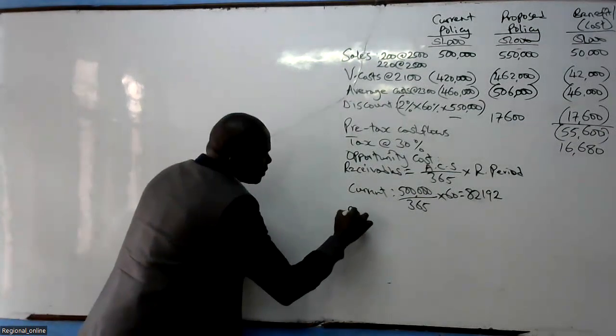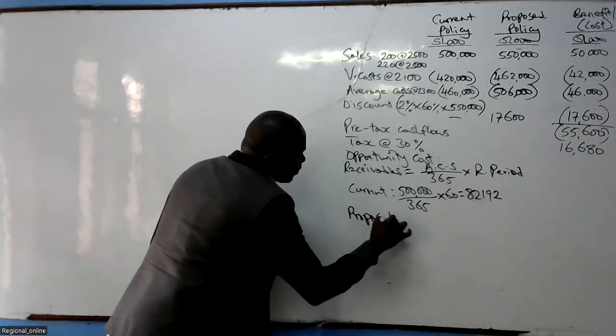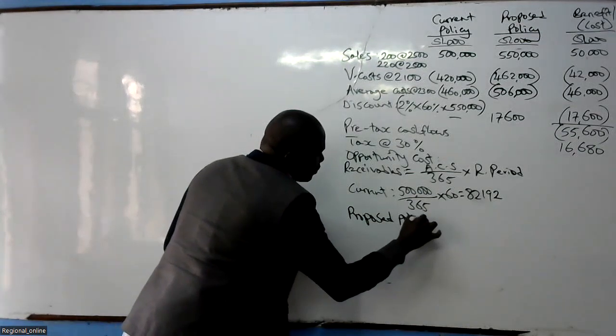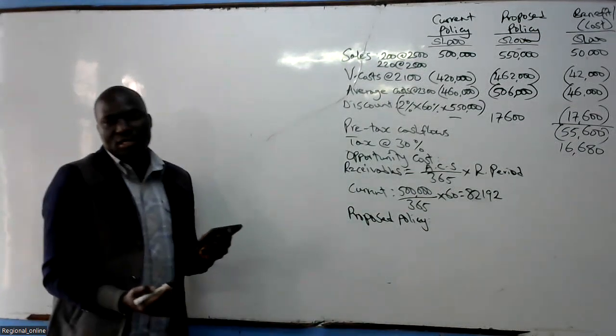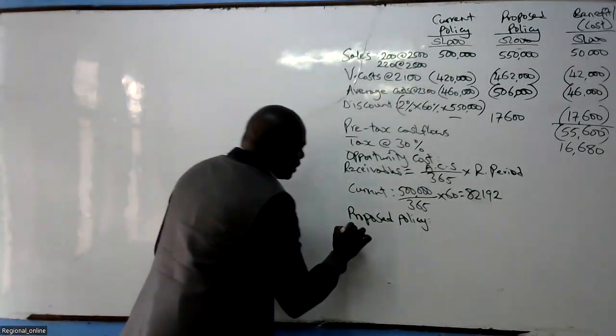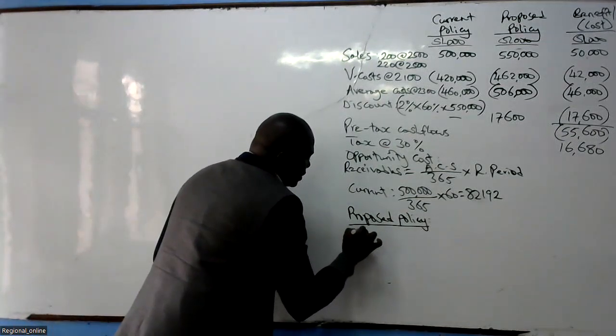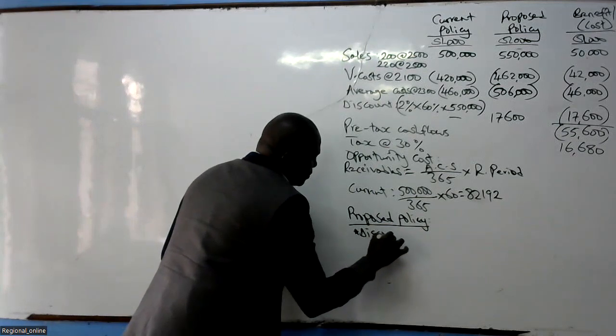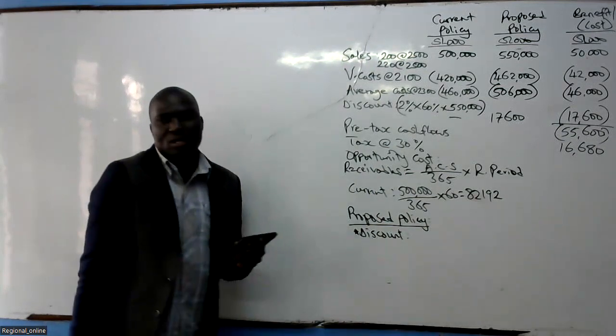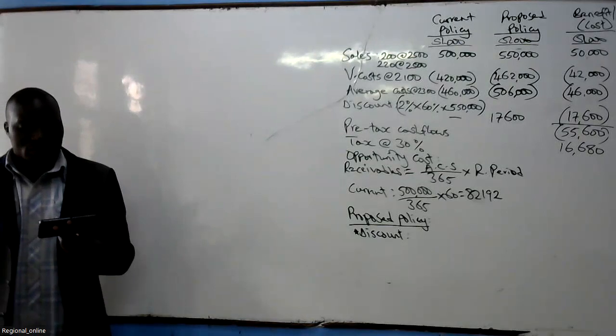Then we have the proposed. Now, under the proposed policy, when you have a discount, we are very careful. We have first customers, who will get the discount. What percentage of our customers will enjoy the discount?